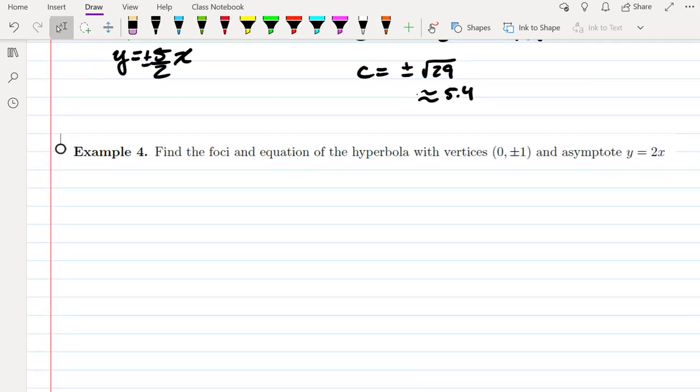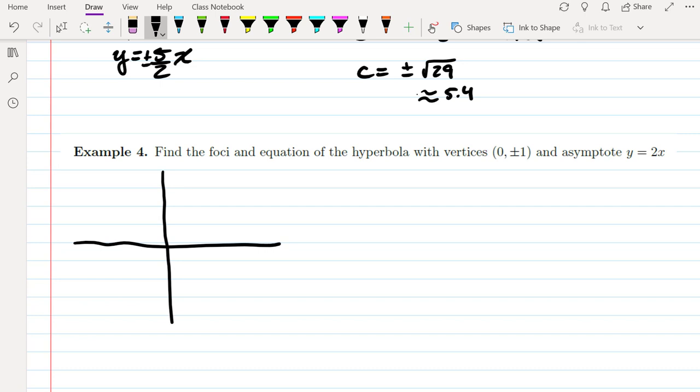So we have our hyperbola, and we know our vertices are at plus or minus 1. So 0, 1 and 0, negative 1. That means our hyperbola is going to open up and down, and its foci are going to be on the y-axis.